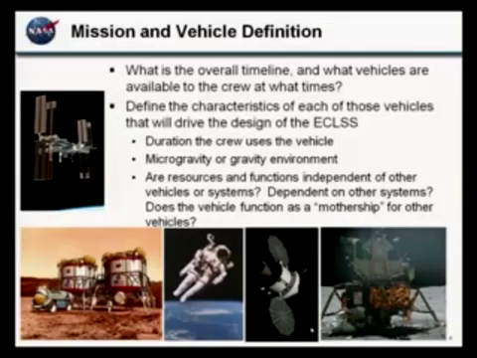orbit. You're probably going to need both microgravity and gravity-compatible life support systems, whether that's the same or whether that's an in-space piece and a surface piece. That depends on your mission. You're going to need a lander and an ascent stage of some sort to get to and from the surface of the planet.